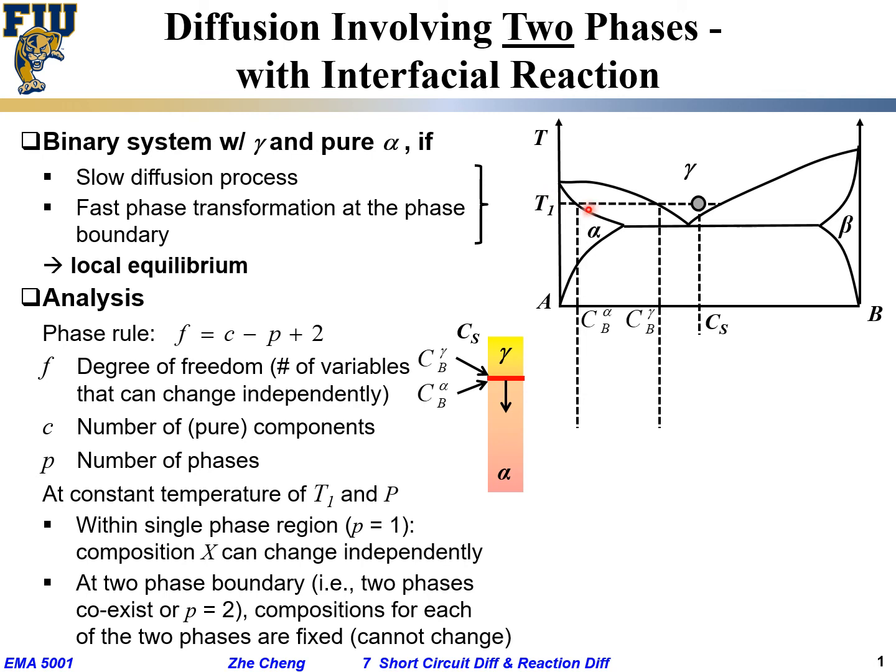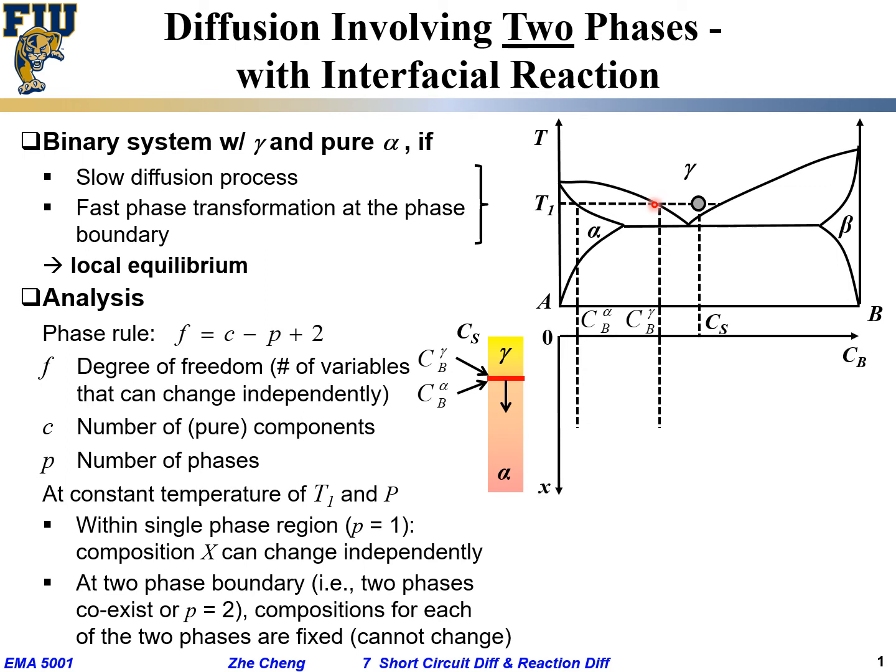On the other side, it's determined by the intercept of the isothermal temperature with the phase boundary that gives this guy. These 2, which means here and here, the composition for these cannot change when the 2 phases are coexisting.